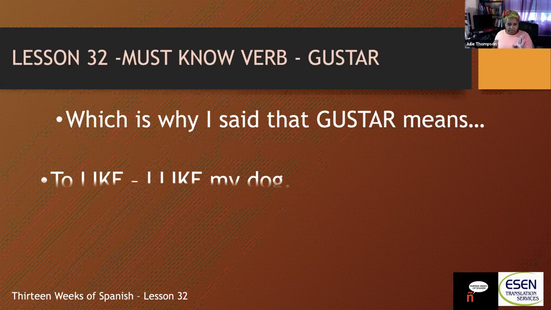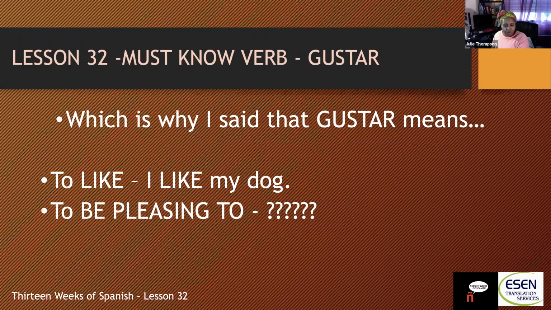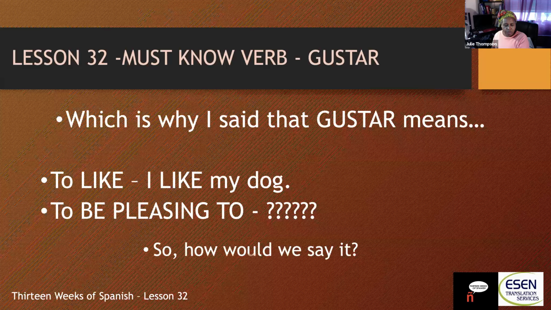Oh, okay, so to like, I like my dog. But if I use to be pleasing to, what would we have to say? If I say I like my dog, how would I reword that with to be pleasing to?